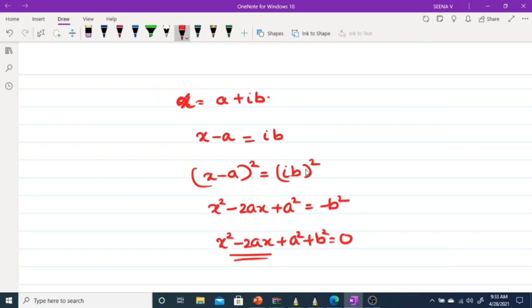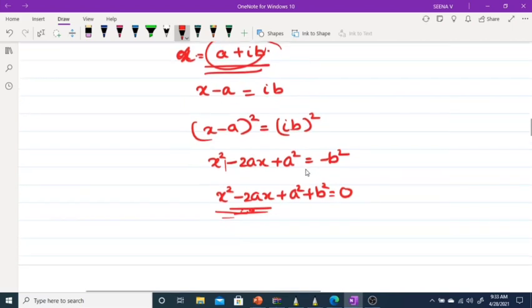Therefore, if we take x equal to a plus ib, we get this polynomial, and clearly a plus ib is a root of this polynomial. Or, if you write the roots of this quadratic equation, the roots are minus b plus or minus root of b square minus 4ac divided by 2a. This is our definition.